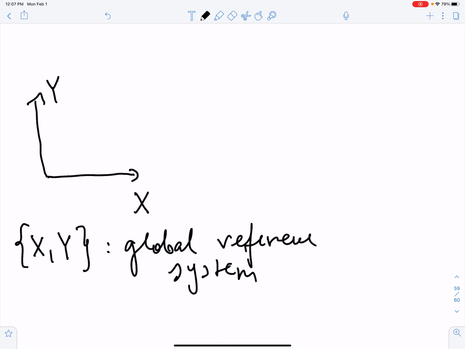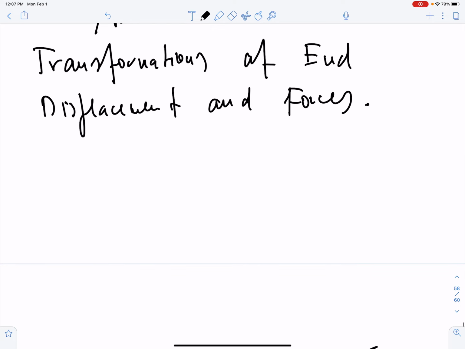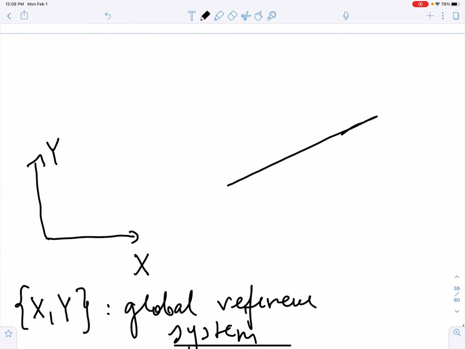So independent of how the structures are oriented in space, how they're connected, that coordinate system stays in place, and that's what you've been used to. And then I'm going to take my element, I'm going to orient it in space in an arbitrary fashion. By the way, we're going to do everything in 2 dimensions for now. I think this is sufficient. There's some additional difficulties that are involved in 3D. We'll see if we can get to those, but I doubt it.